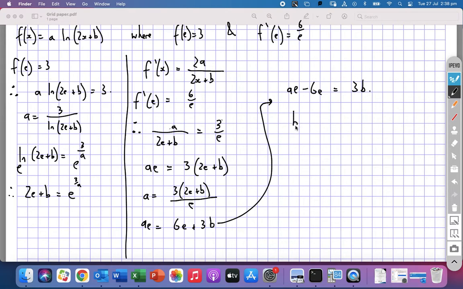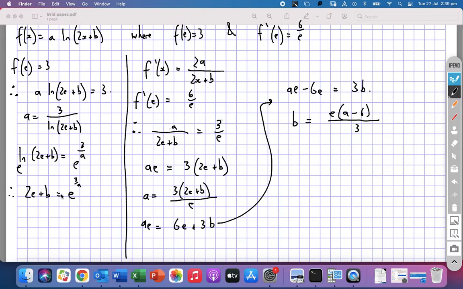I could say b equals, could even factorize e, a minus 6 all divided by 3. What expression have I got for a? It doesn't look very healthy. What about b? What's b supposed to equal?